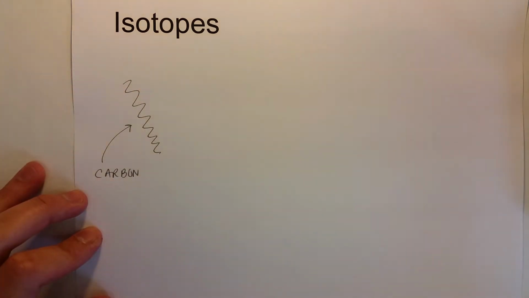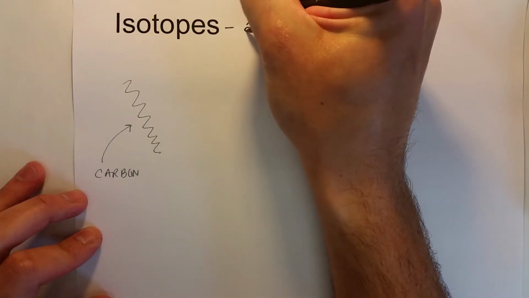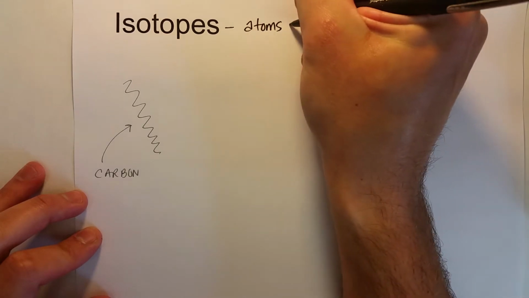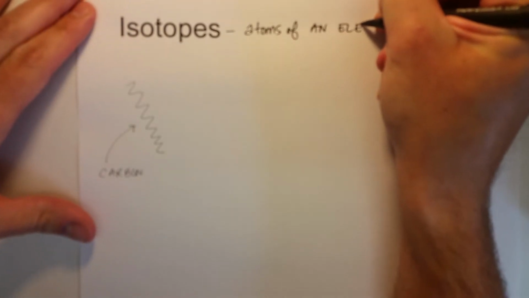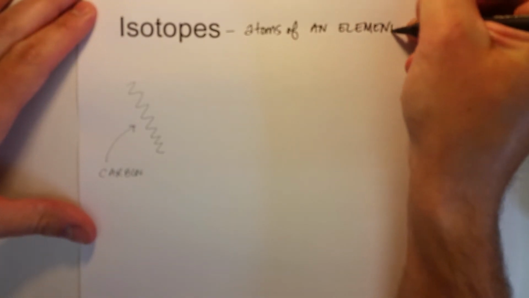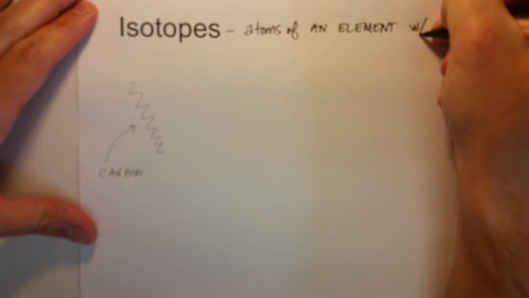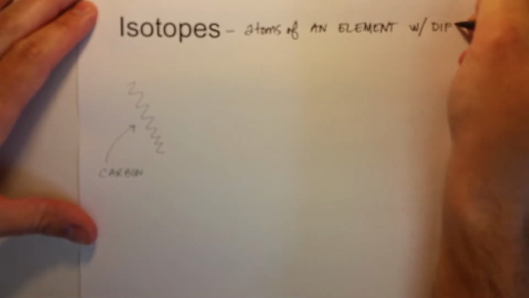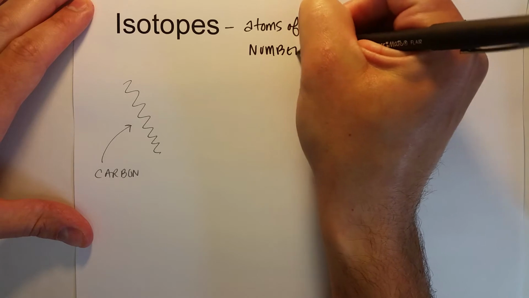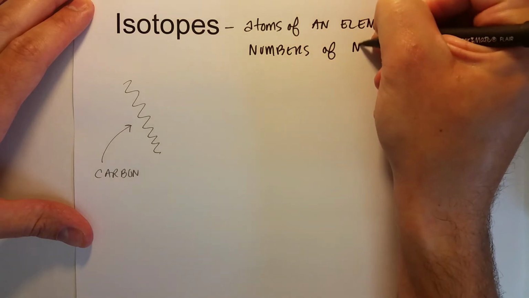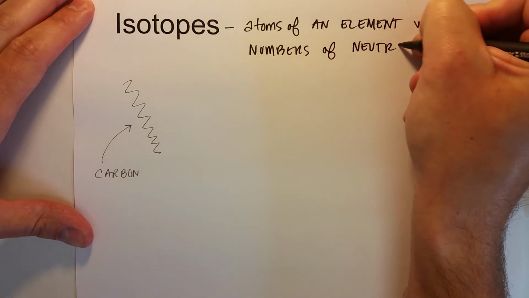Isotopes are atoms of an element with different numbers of neutrons and therefore different masses.